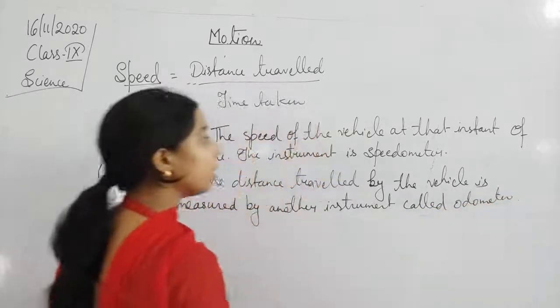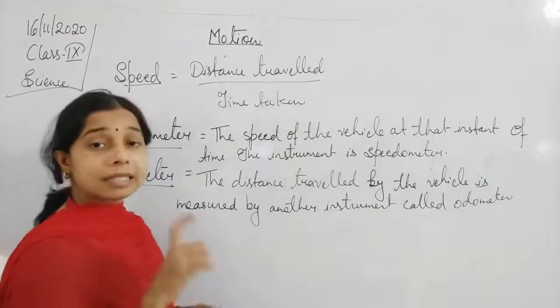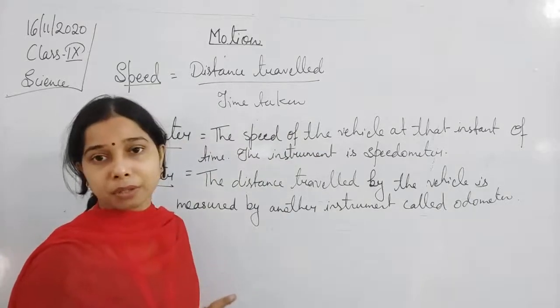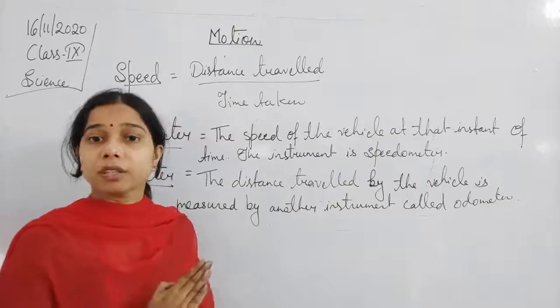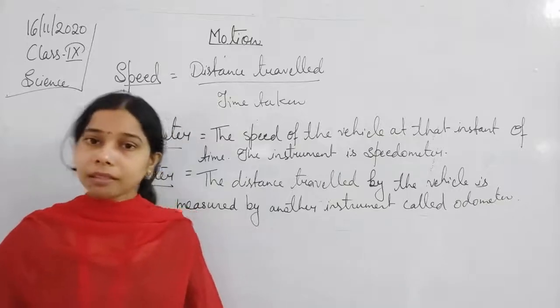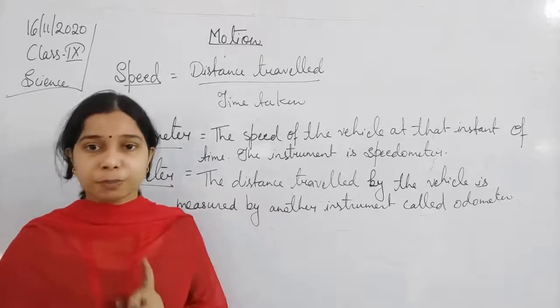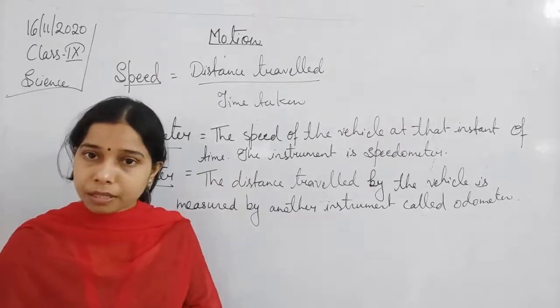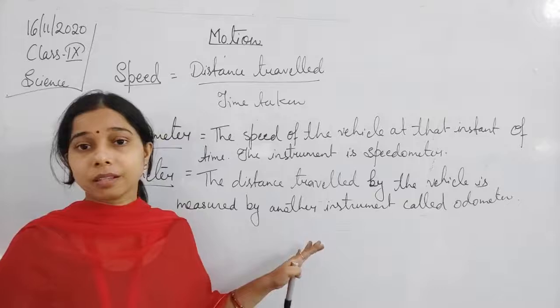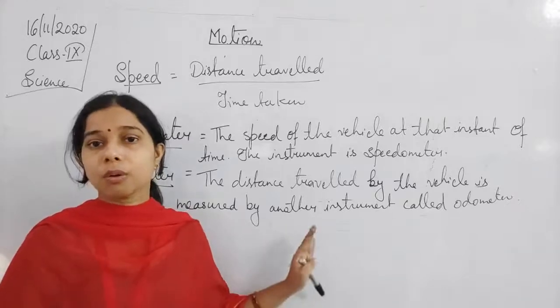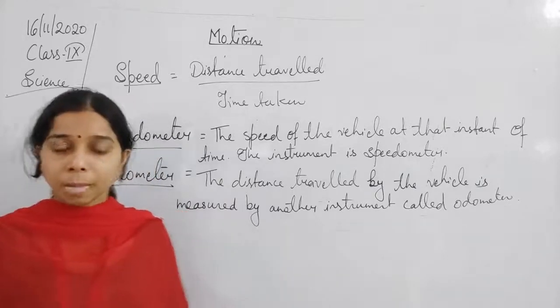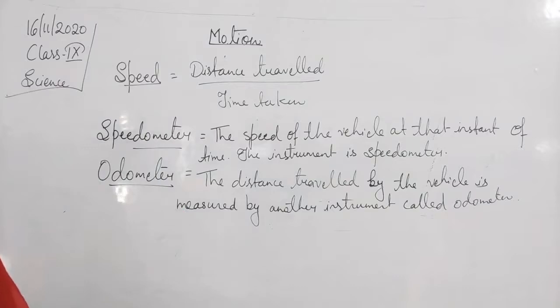So one measures the instant speed of that particular vehicle, the speed at which it is moving, and that is determined with the help of the instrument present in the vehicle called speedometer. And the odometer, students, explains the total distance covered till now by the vehicle. So speedometer is there and odometer is there.